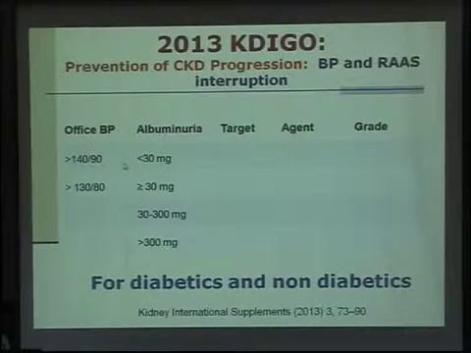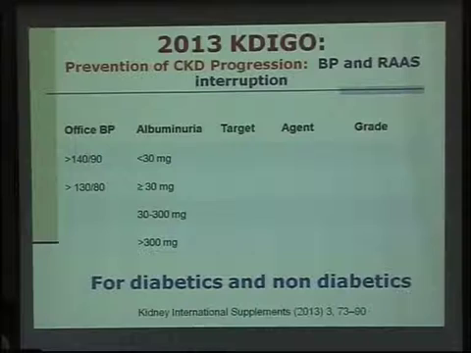And I want to ask you, if you are in the first row, blood pressure above 140/90, and the albuminuria is A1, what's your target here? If you have a patient with chronic kidney disease, and these are the demographics of these patients: blood pressure 140/90 and albuminuria below 30.